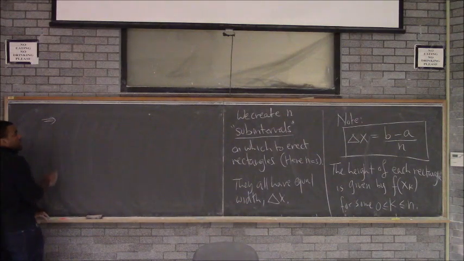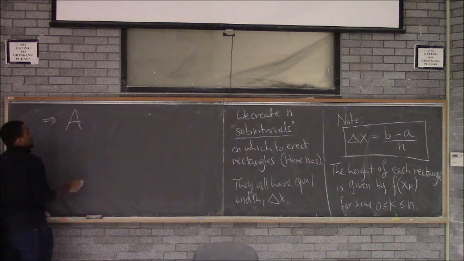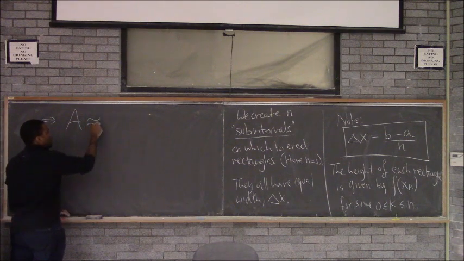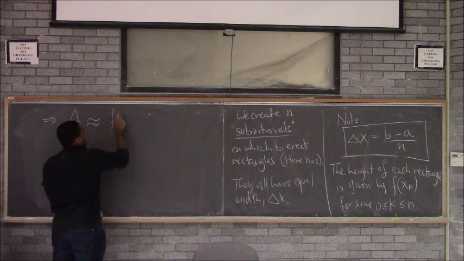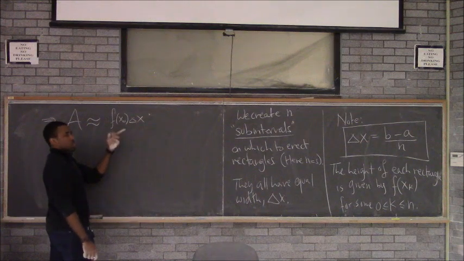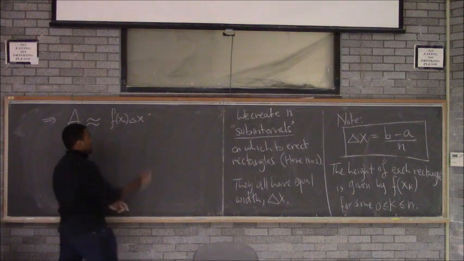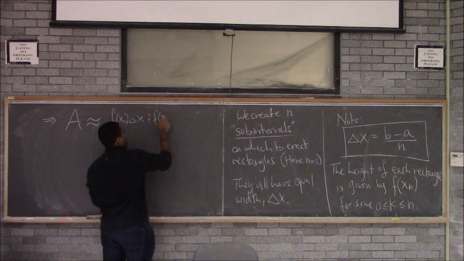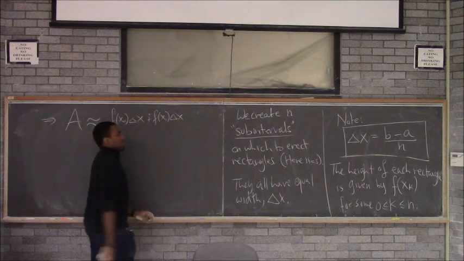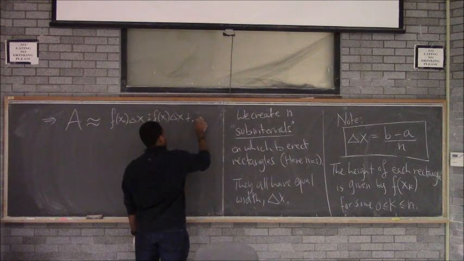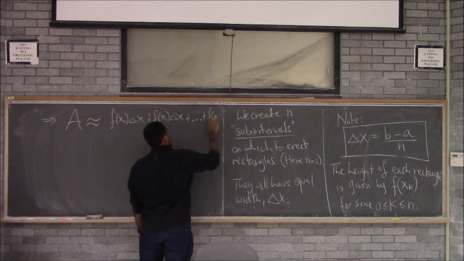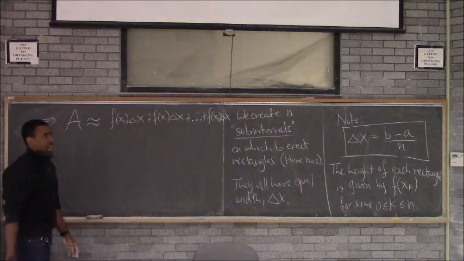This means the area is going to be approximately equal to, well, say f of x0 times delta x. That's the length and width of the first rectangle, plus f of x1 times delta x, length times width of the second rectangle, plus f of xn times delta x, length times width of the last rectangle.